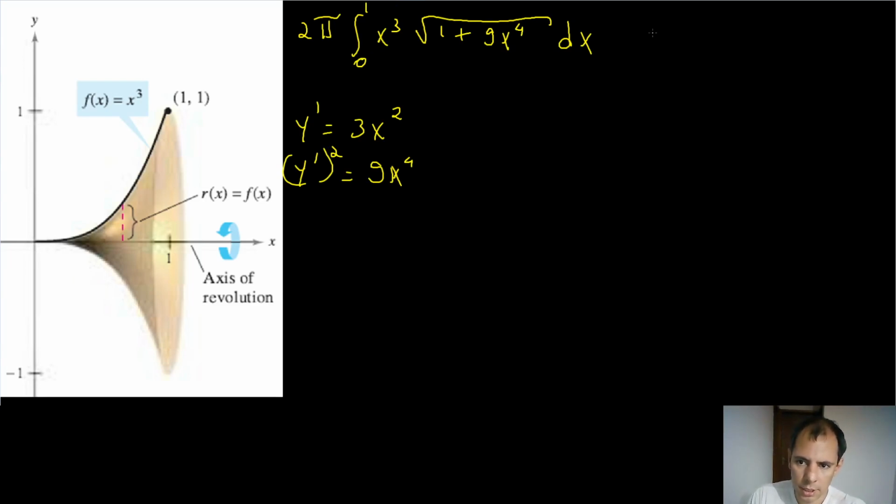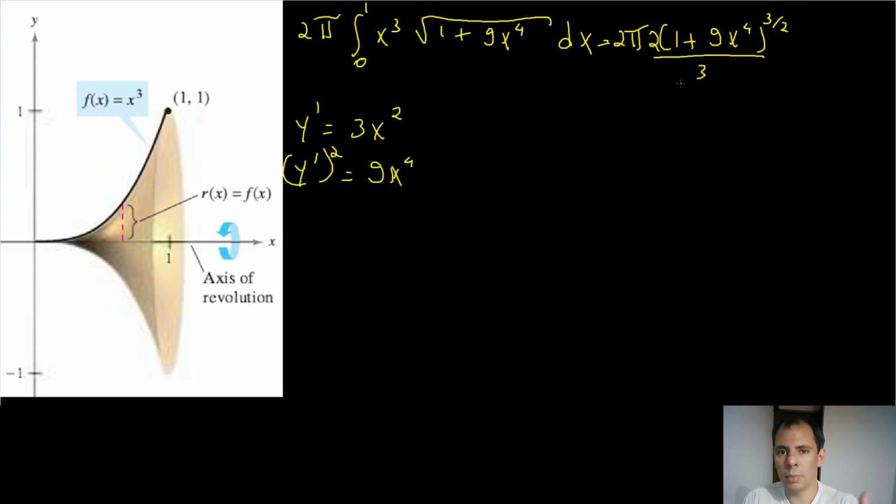The integral of this is going to be 2 pi times, you have 1 plus 9x to the 4th to the half, so we're going to go 1 plus 9x to the fourth to the 3 halves divided by 3 halves. So I'm going to put a 2 in here and a 3, because divided by 3 halves is multiplied by 2/3.